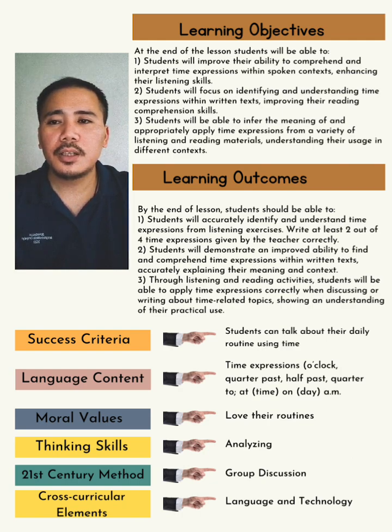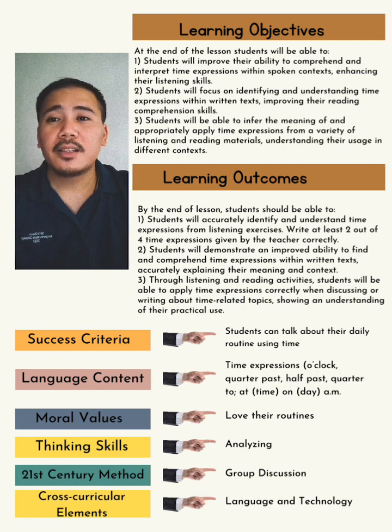Number 2, demonstrate an improved ability to find and comprehend time expressions within written text, accurately explaining their meaning and context. And number 3, through listening and reading activities, apply time expressions correctly when discussing or writing about time-related topics, showing an understanding of their practical use.